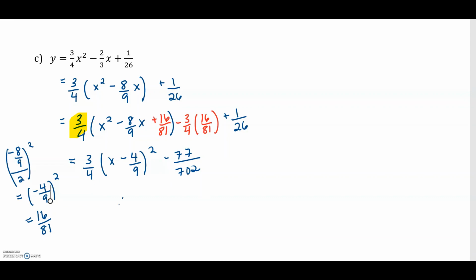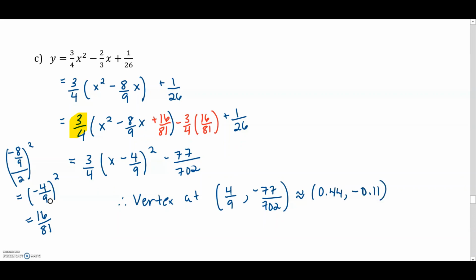So this tells us that we have a vertex at 4 over 9, negative 77 over 702, or expressed rounded to two significant figures, we can write this as 0.44 and negative 0.11, which would allow you to approximate the vertex and graph it correctly.